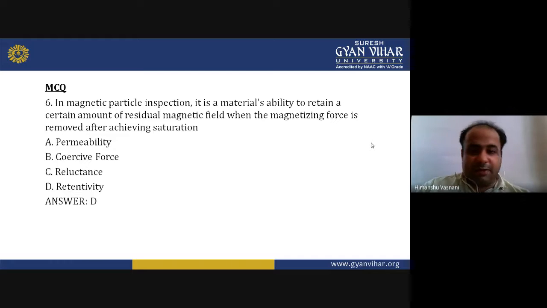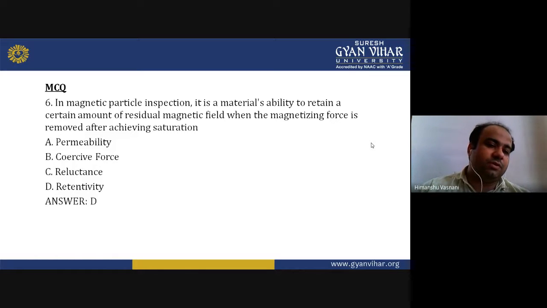Now, in magnetic particle inspection, it is the material's ability to retain a certain amount of residual magnetic field when the magnetizing force is removed after achieving saturation.